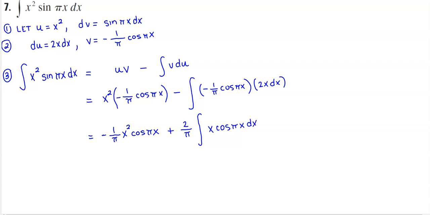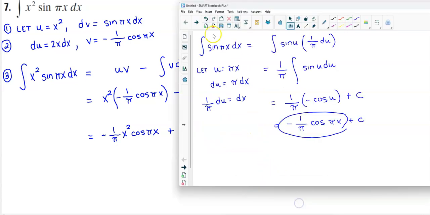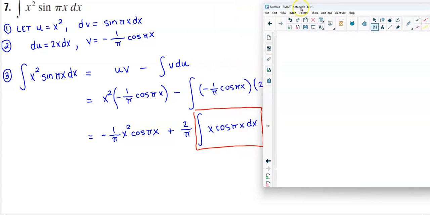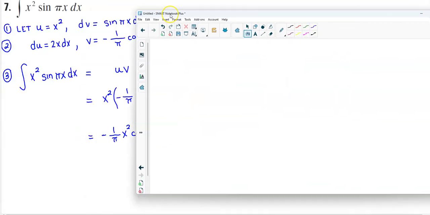Okay, so what do we notice here? We notice that we now have to use integration by parts again for this integral, because we have x times the cosine of pi x. So now what we're going to have to do is use the u substitution.